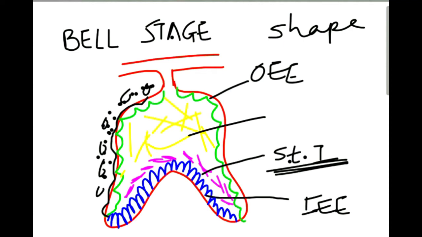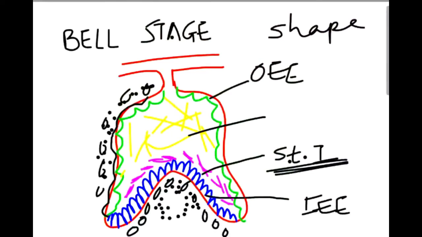Now the dental papilla, which is present in the bell stage, shows the peripheral cells differentiating into odontoblasts. And these odontoblast cells will form the dentine in the future.